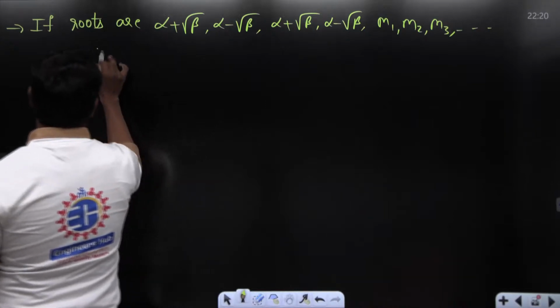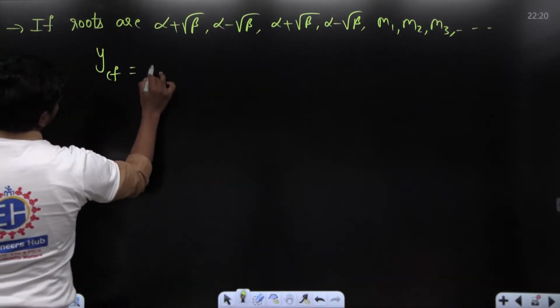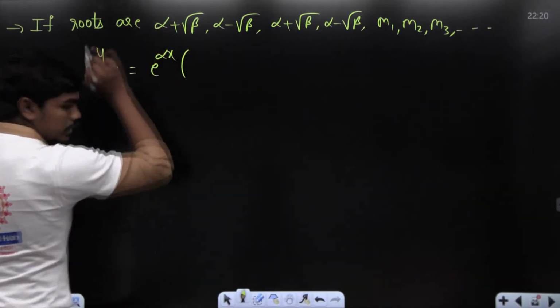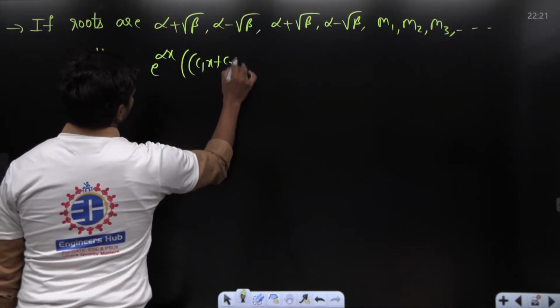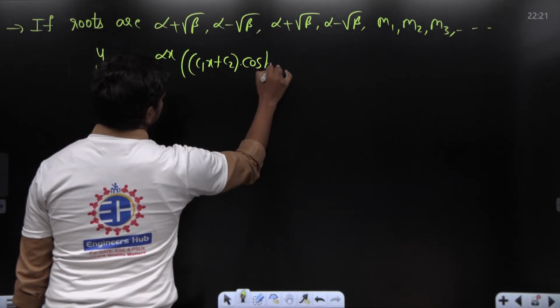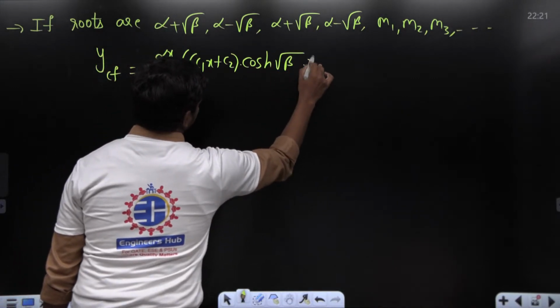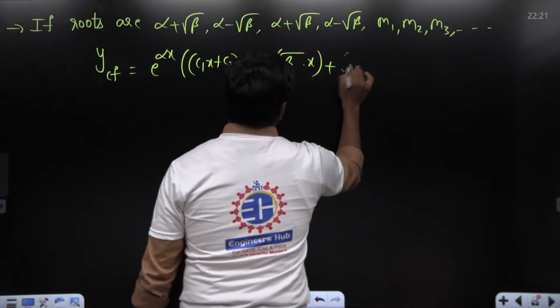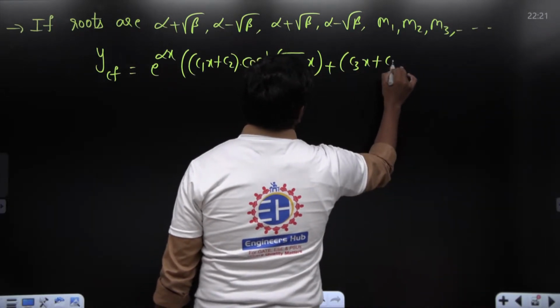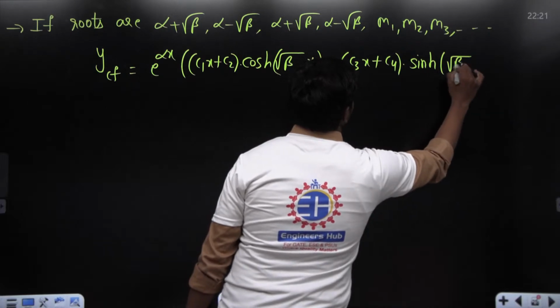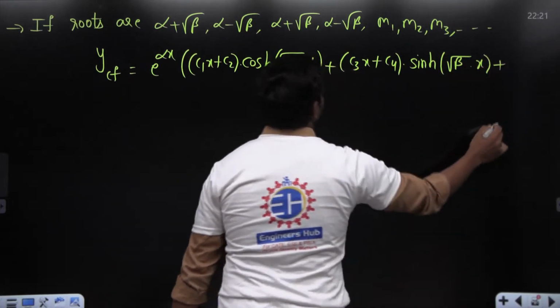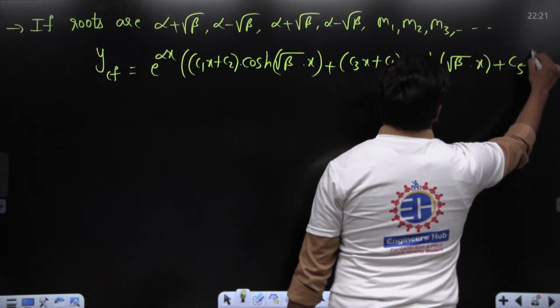Now, can I write this y complementary function equal to e power alpha x into (c1x plus c2) times cos hyperbolic of root beta x plus (c3x plus c4) times sin hyperbolic of root beta x, plus then it's common c5 e power m1x and so on.